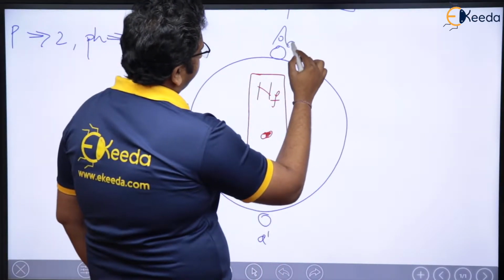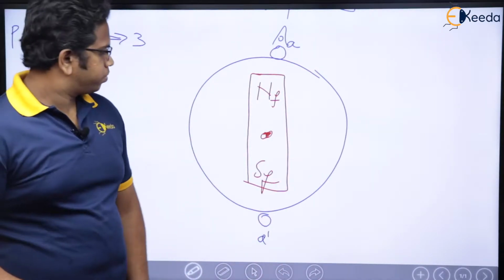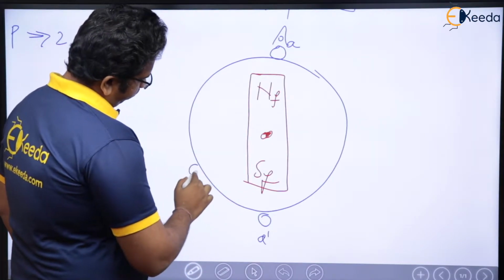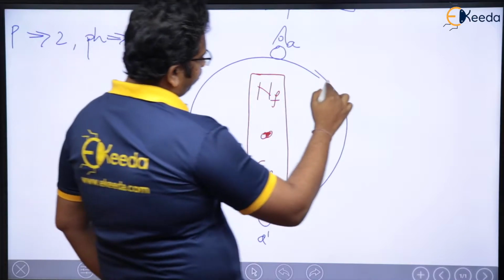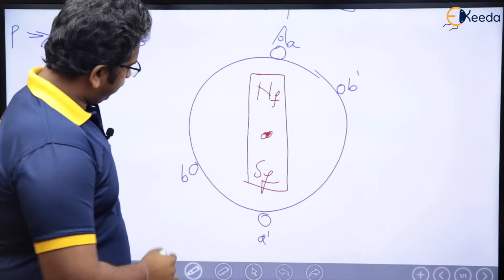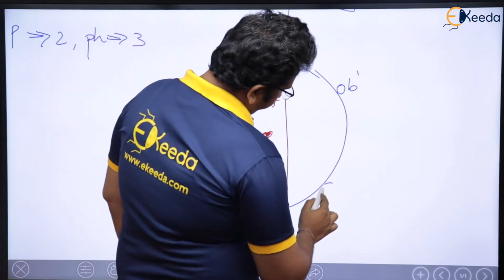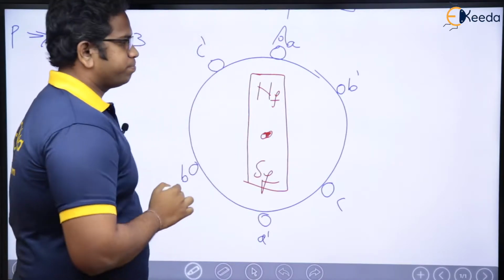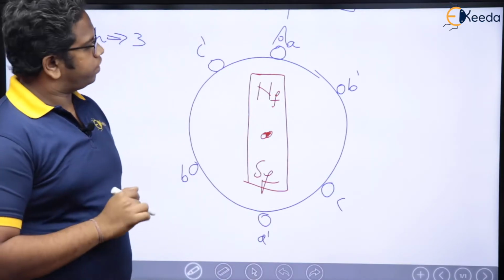Similarly, after 120 degrees, if I have B here, I am going to have B dash here. Then again after 120 degrees, I am going to have C here and C dash here. This is the way we deal with it.